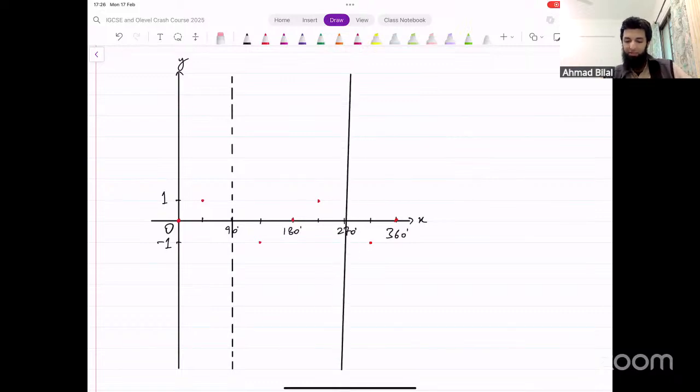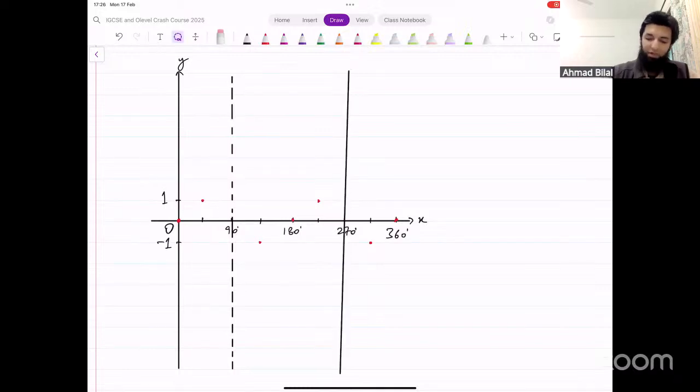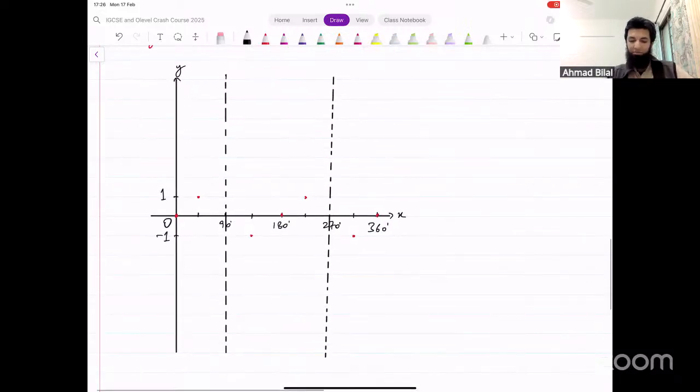This is what it looks like. You have another vertical line here. Let's make it dashed as well. Okay, so we have these two vertical lines like this. Okay, now since the graph is undefined at these 2 points, the graph cannot cross these lines.